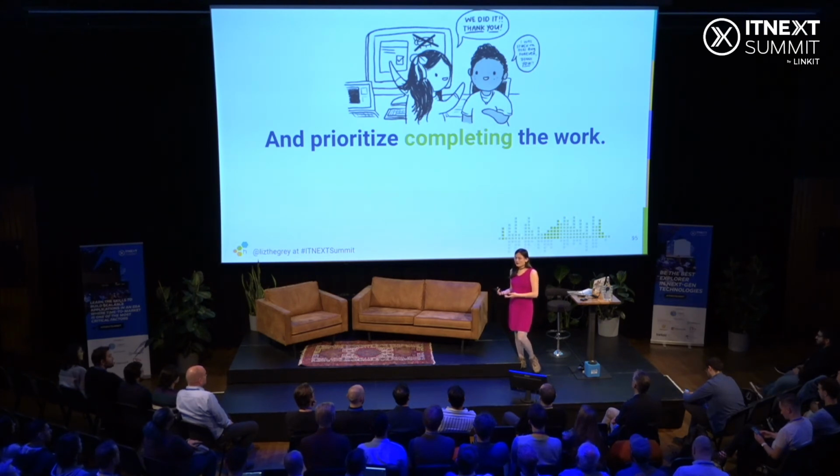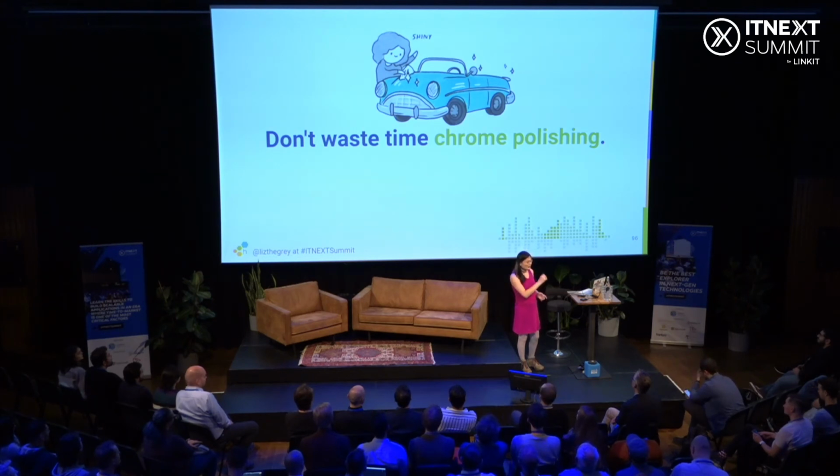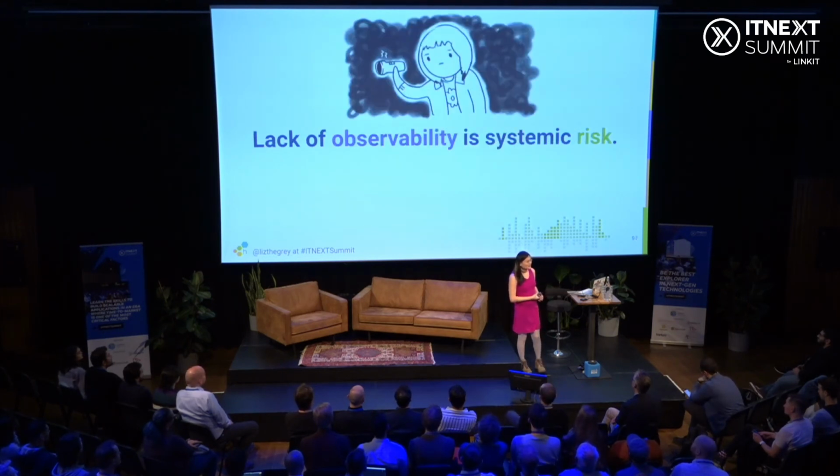Focus on what are the top 3 things that I need to do in order to mitigate this risk. And don't even bother putting the things that are nice to have on your backlog. They'll never get done, right? Like they'll just make you feel bad. So prioritize doing the things that are actually high risk to your business. Do not waste your time doing things that are low impact. Do not waste your time polishing the chrome on your car, as it were.